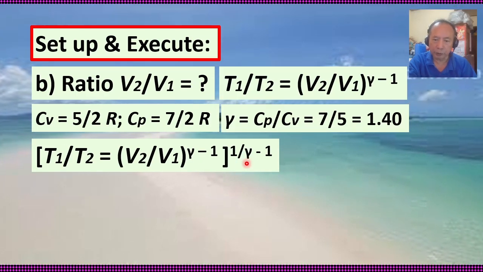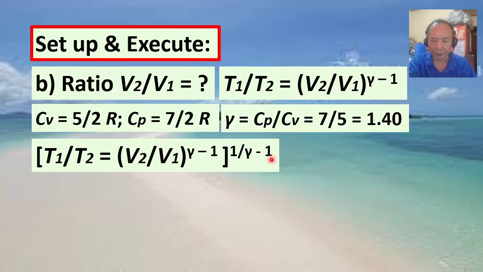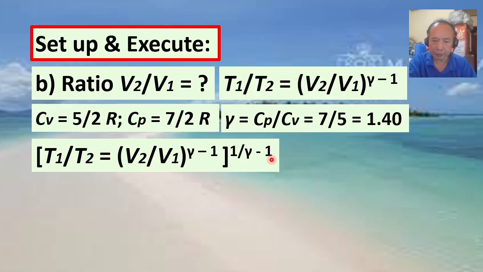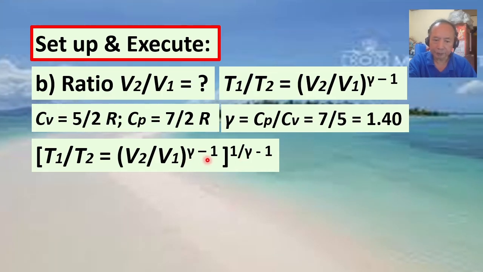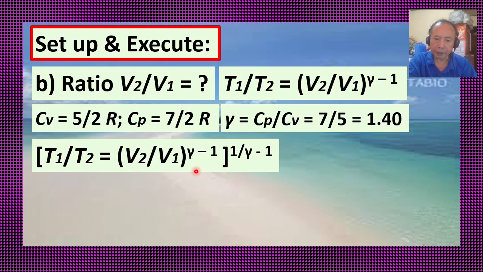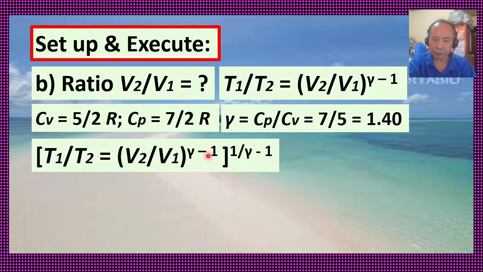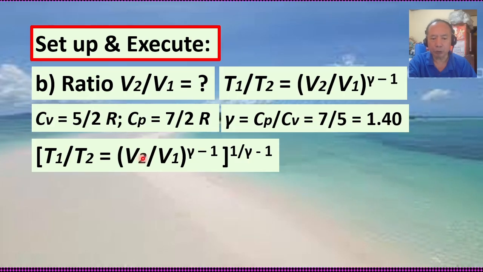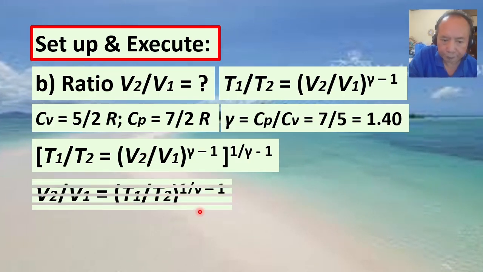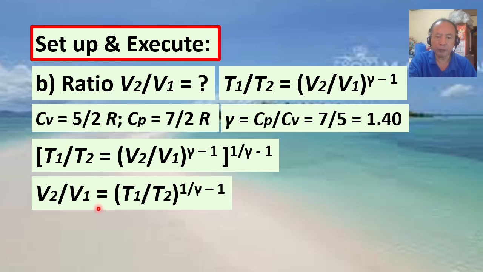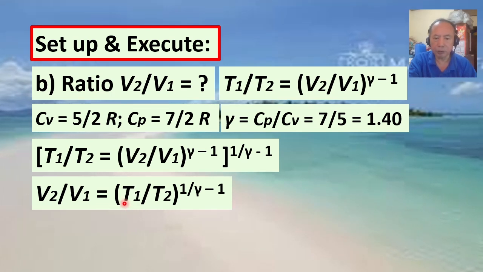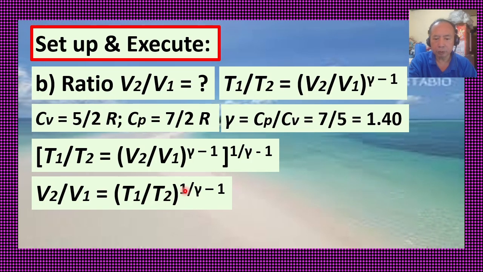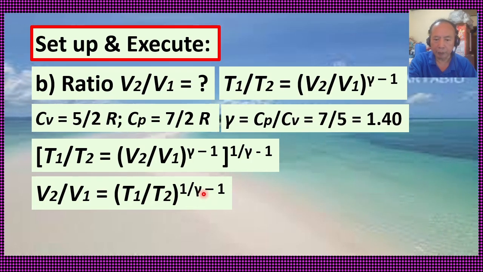That means 1 over gamma minus 1. And the effect is the power for V2 over V1 also gets cancelled. Isolating V2 over V1, we get V2 over V1 equals the ratio capital T1 over capital T2 raised to the power 1 over gamma minus 1.